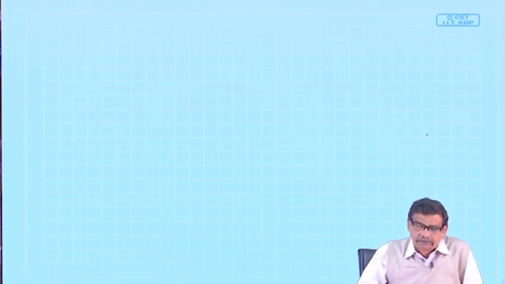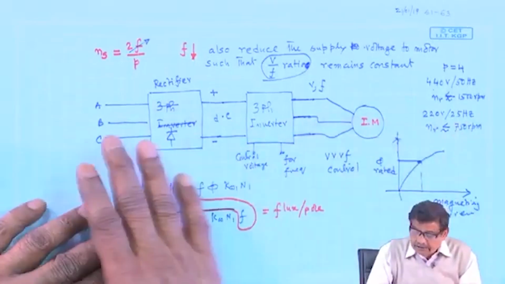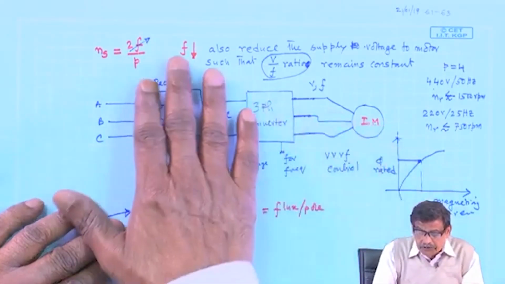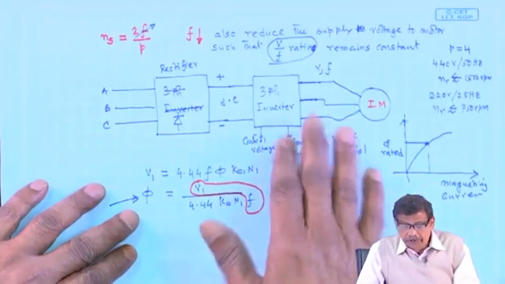With the DC motor, the problem is major. What is the problem? The commutator, segments and brushes, you have to replace these. But in the case of the induction motor, and particularly the cage induction motor, no matter whether it is cage or wound, for every motor you can vary the frequency to vary the speed of the machine.